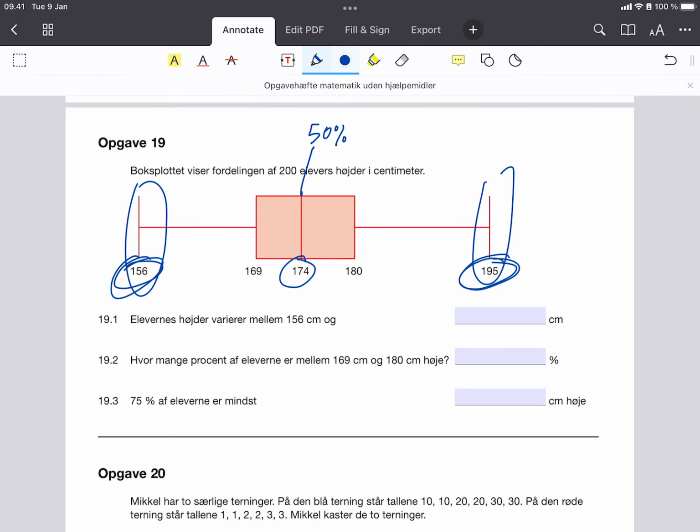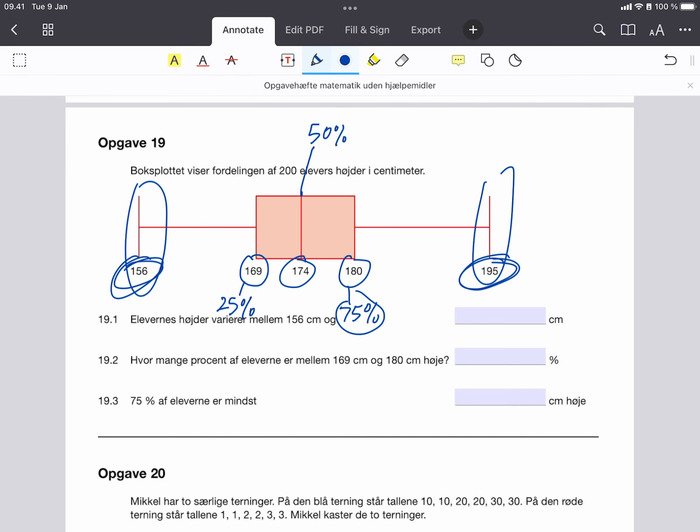But then you've got the quartiles. So the person who's standing 25% from the bottom end, so he's a quarter of the way up the data, he or she, that person is 169 centimeters tall. Then you've got the upper quartile, which is the person who's 75% of the way along the line. So it's the person who's at the top quarter of the data, and that person's 180 centimeters.